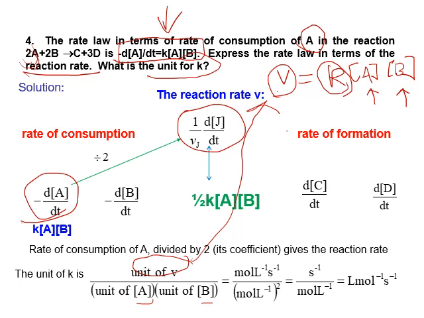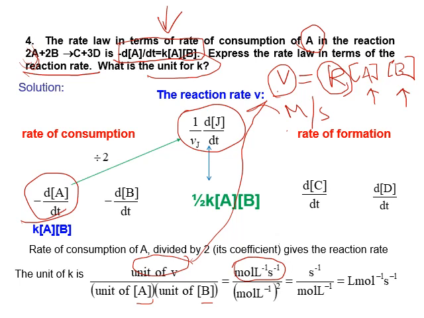What is the unit of v, the reaction rate? It's molarity per second, and molarity is moles per liter, so you can write it as moles per liter per second. That's the reaction rate unit. What is the unit of A and B?